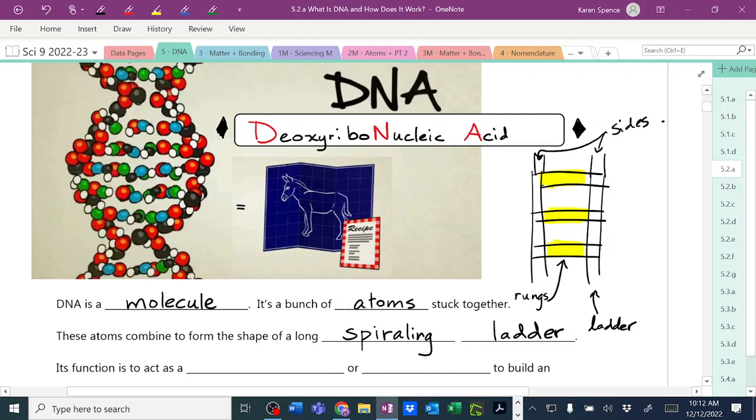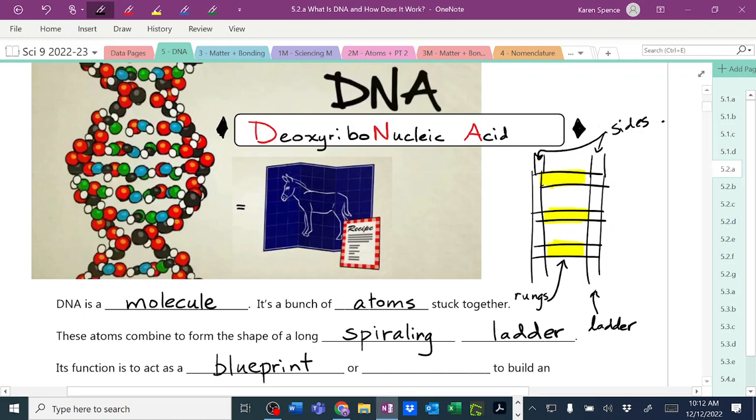What is the function of DNA? It is to act as a blueprint. Do you guys know what a blueprint is? It's like the instructions for something, right? It shows you how everything's put together. If you're an architect, you might make a blueprint for a house that shows the builder how to put it together.